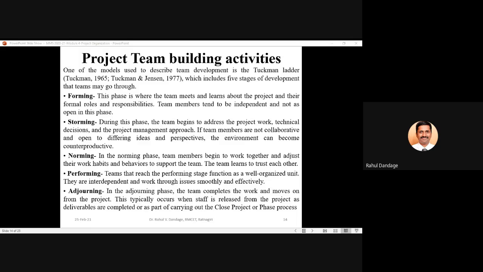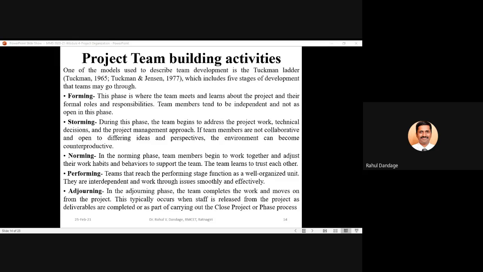When we discuss the norming phase, in this phase the team members will begin to work together. In forming, they have been brought together, but they are still independent. In storming, they are taught to be collaborative and open to the various ideas and perspectives. Now, in norming, we will try to bring them together as a team and ask them to work together, to adjust their work habits and behaviors to support the team behavior.